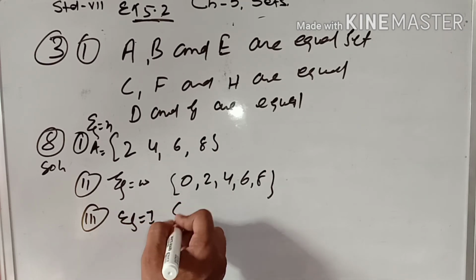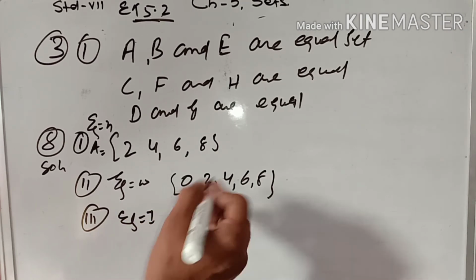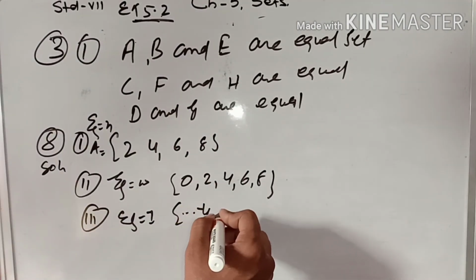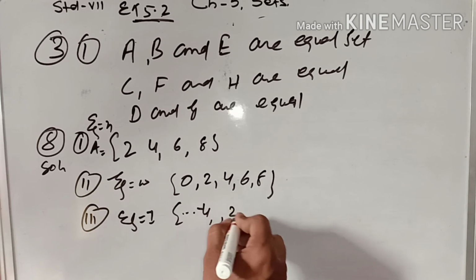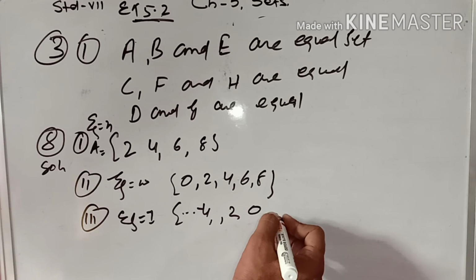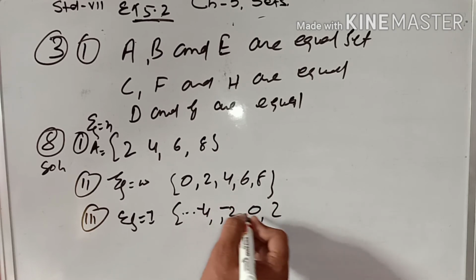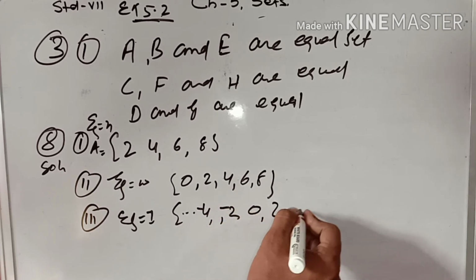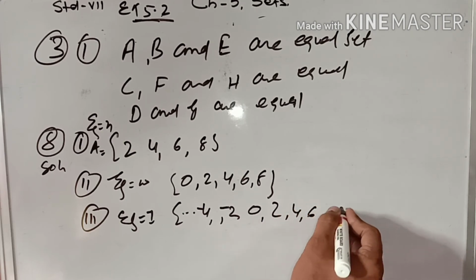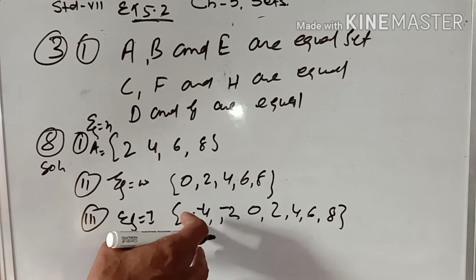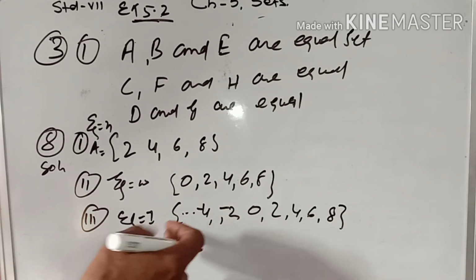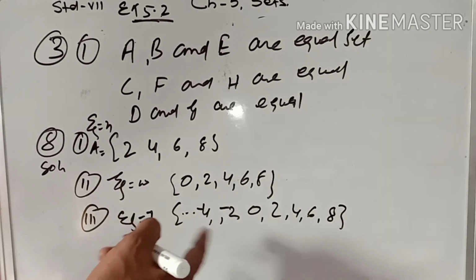So elements will be what, dot dot dot, because minus you can take, minus 4, minus 2, then 0, then 2, 4, 6 and 8, because this side is no element, means what, there is no bound, I can write many numbers, so I am written here up to infinite.